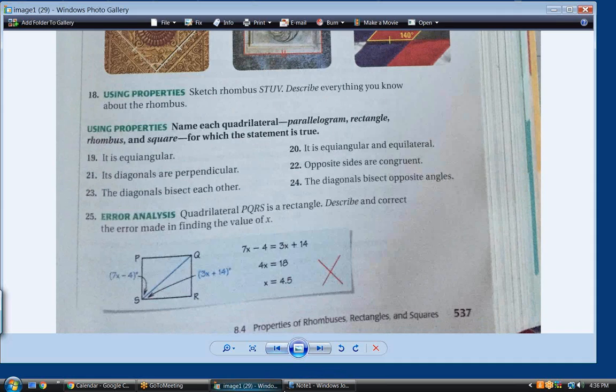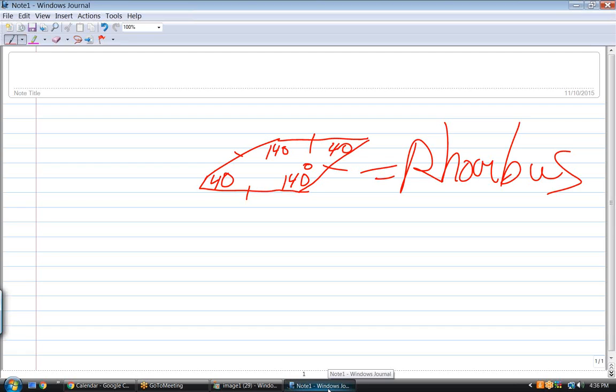So let's talk about a rhombus one more time. The most important thing you can know about a rhombus is there are 4 equal sides. Second, it's always a parallelogram. I cannot draw a quadrilateral with 4 equal sides without making a parallelogram.